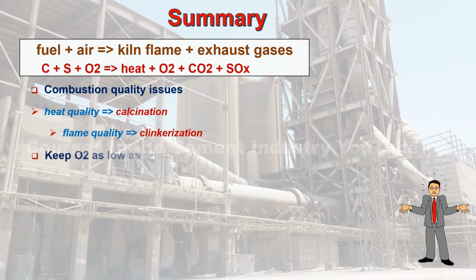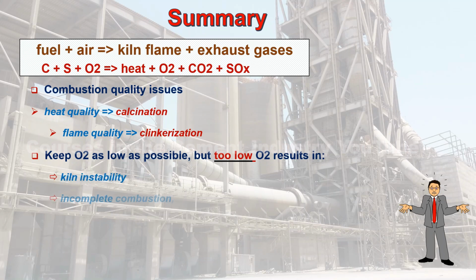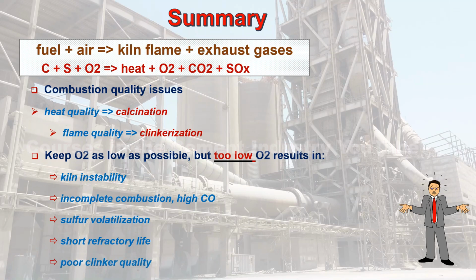Keep O2 as low as possible, but too low O2 results in 1. Kiln instability. 2. Incomplete combustion, high CO. 3. Sulfur volatilization. 4. Short refractory life. 5. Poor clinker quality.